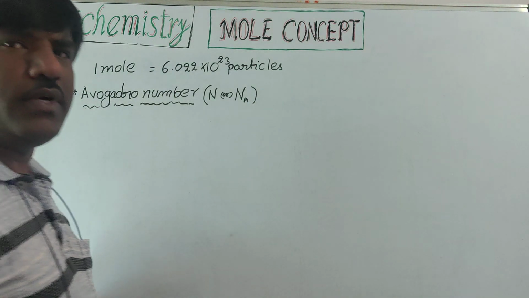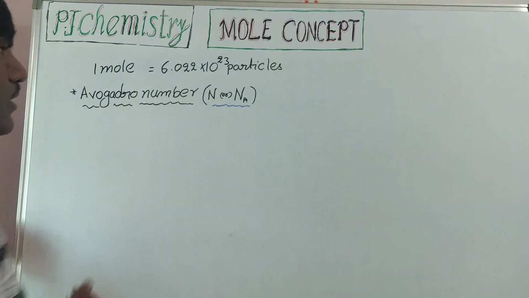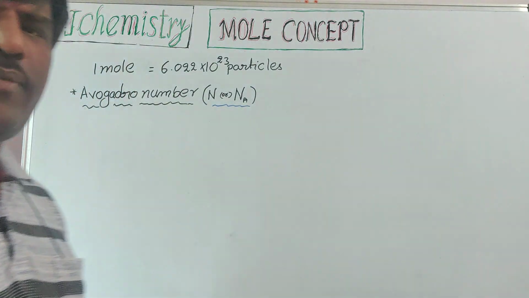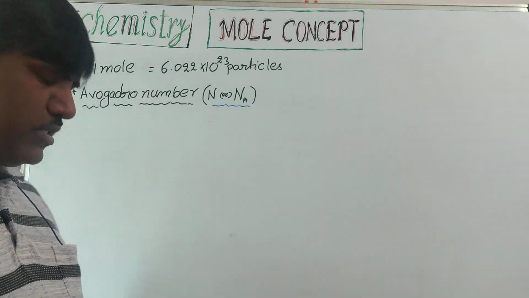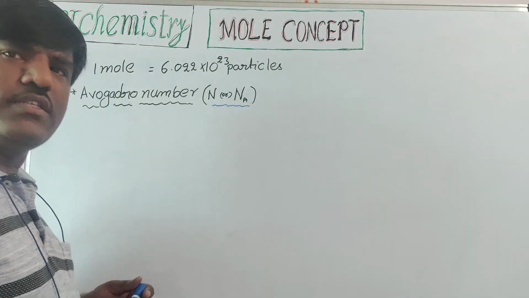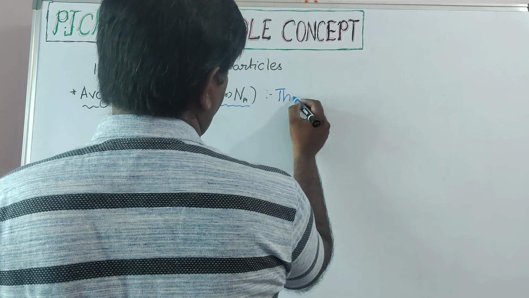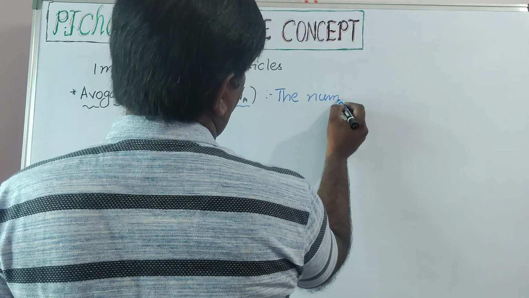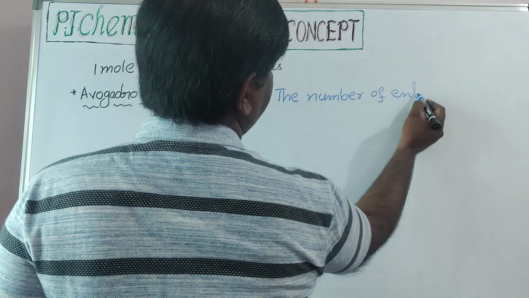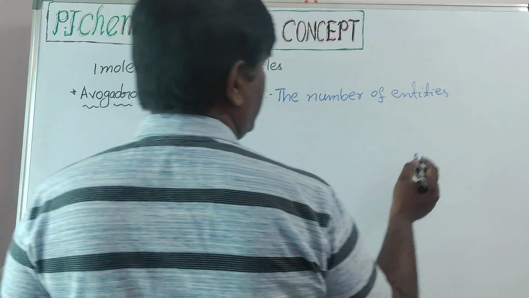What is meant by Avogadro number? If you take one mole of substance, it contains how many particles? 6.023 into 10 to the power of 23 particles. Avogadro number also says the same thing: the number of entities present in one mole of the substance. Entities means particles only.